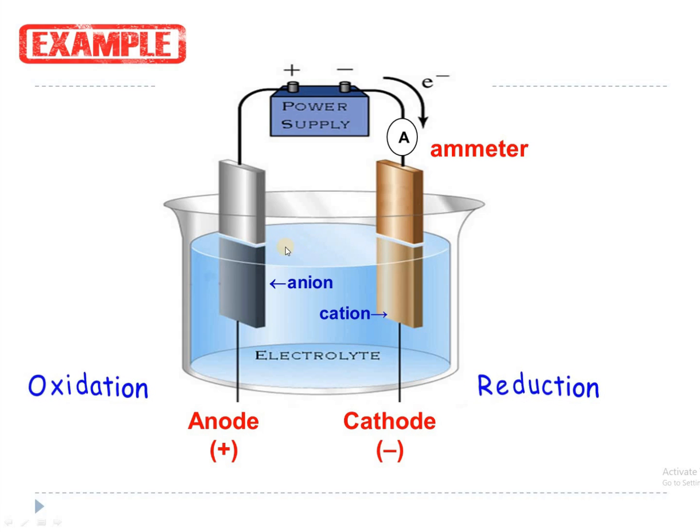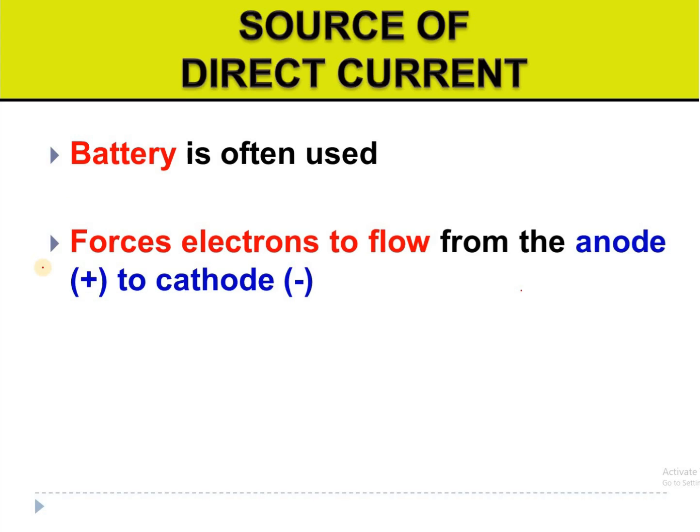The two electrodes dip into the electrolyte, and are connected to the source of direct current. Students must remember that in an electrolytic cell, we have a source of direct current. In an electrolytic cell, a battery is often used. The source of direct current forces electrons to flow from the anode, positive, to the cathode, negative. Same concept as the galvanic cell, electrons flow from the anode to the cathode.